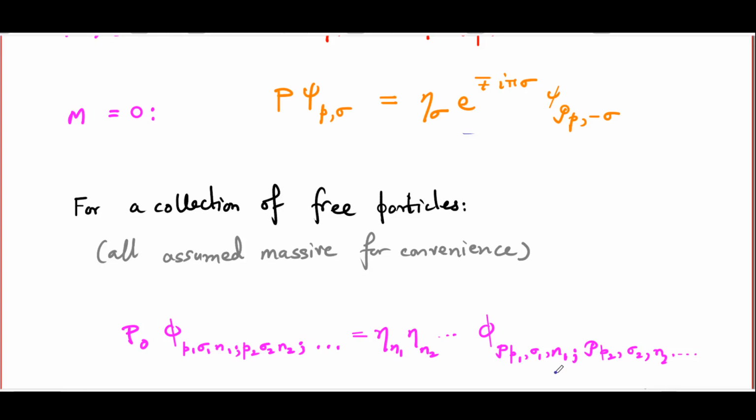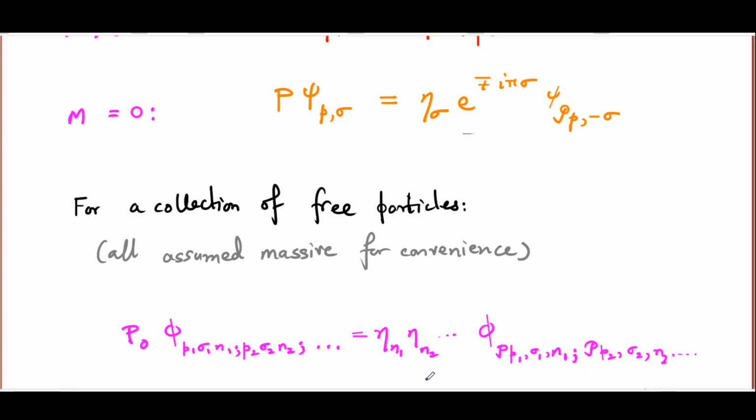Notice that the sigma and the n label, n which is just the particle identity label, of course does not change due to parity, neither does sigma 2, n2, but the four momenta p1, p2 get replaced by curly p acting on p1, curly p acting on p2 and so on. That is basically the spatial parts get reversed.